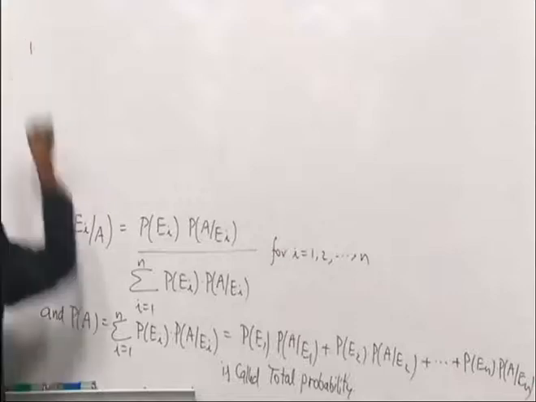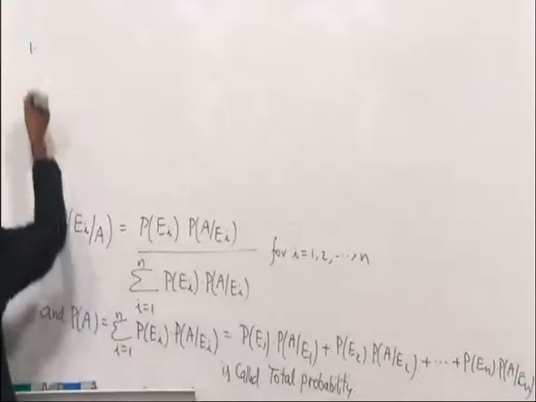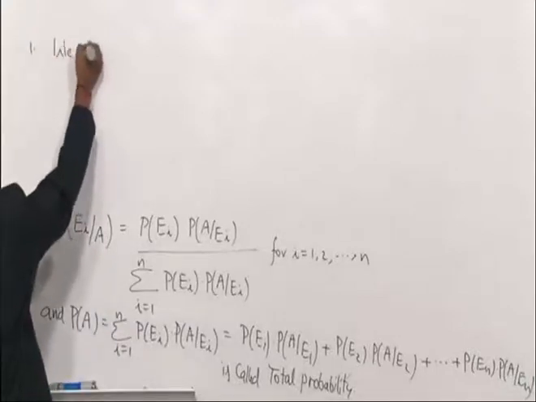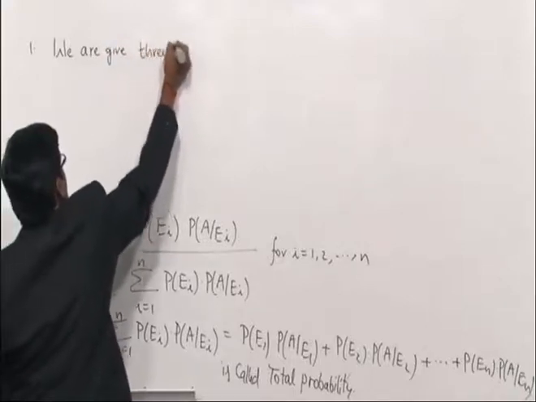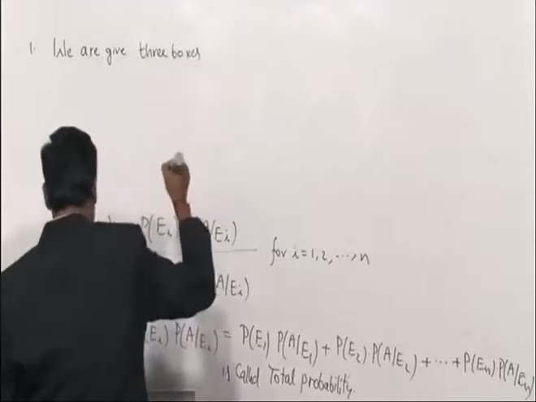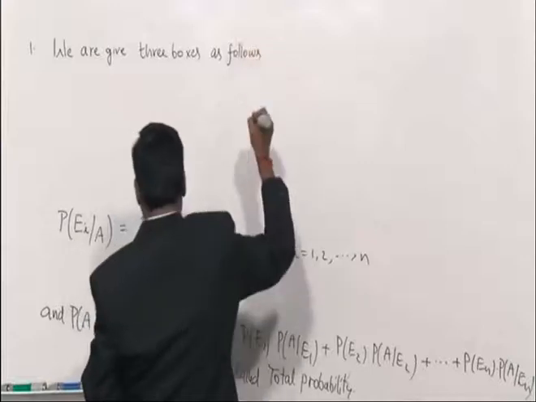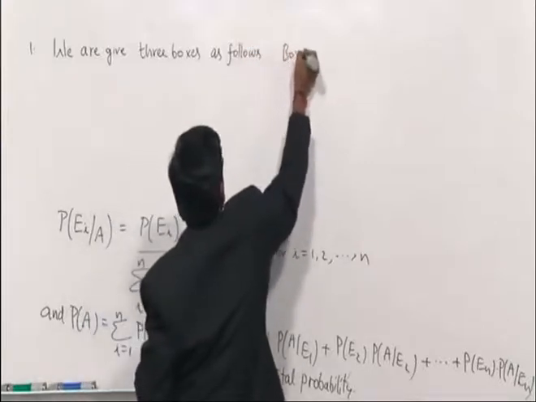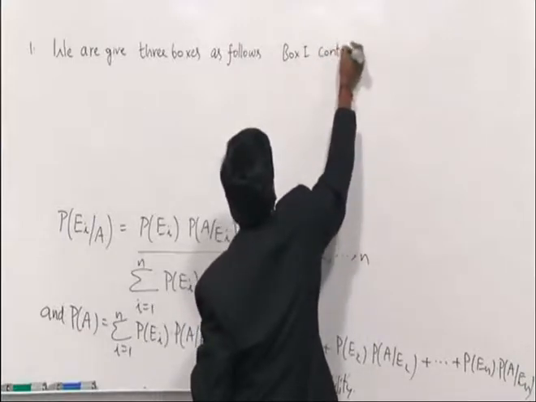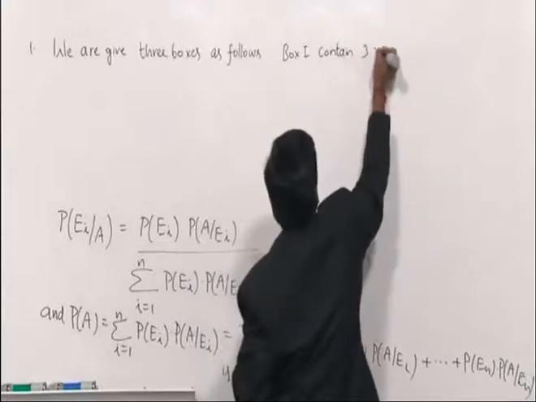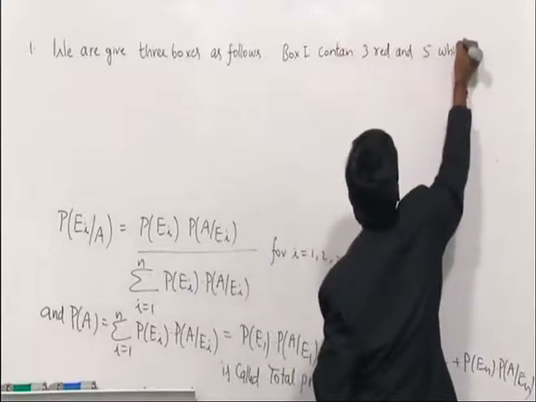Just one example. We are given three boxes or three bags as follows. Box 1 contains 3 red and 5 white balls.